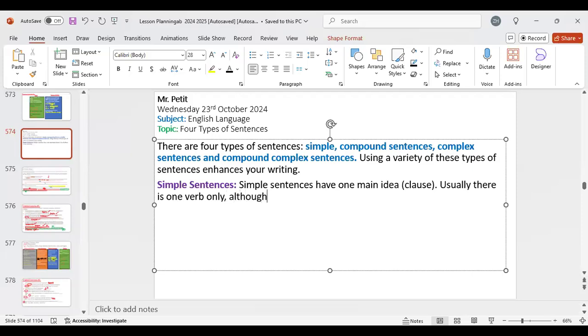although sometimes there may be, write this down for me, please, although sometimes there are verbs joined by a conjunction, or a main verb and a helping verb.